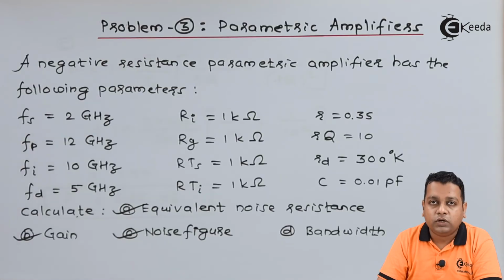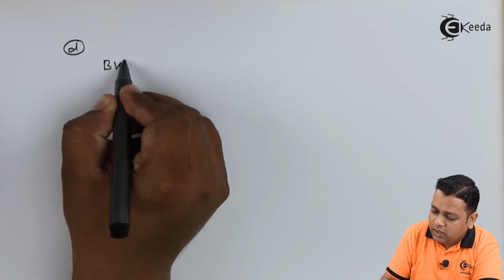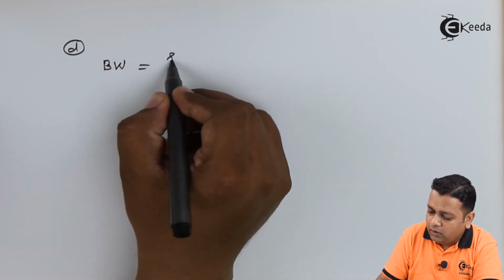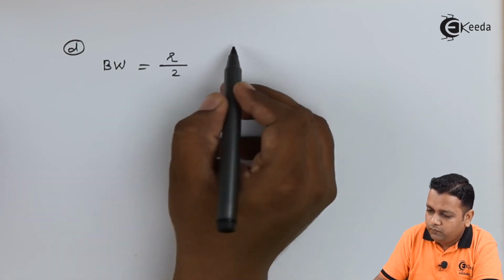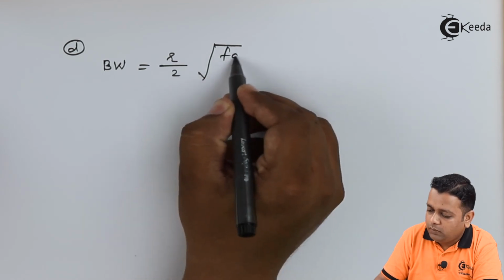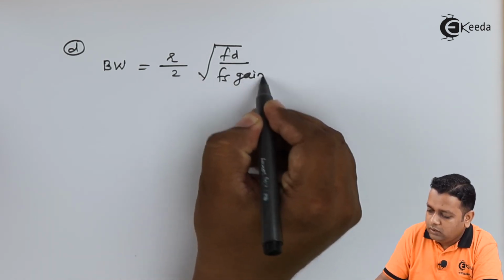After the calculation of noise figure, we want the bandwidth to be calculated in part D. The bandwidth, BW, is computed as r divided by 2 square root of the ratio of fd to fs, for the gain perspective.